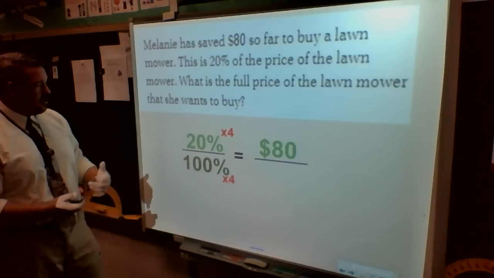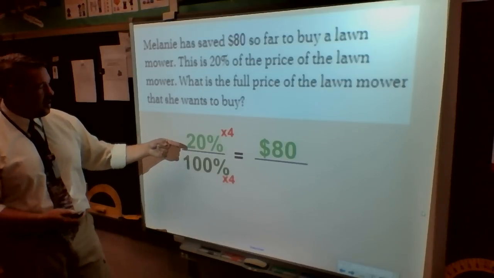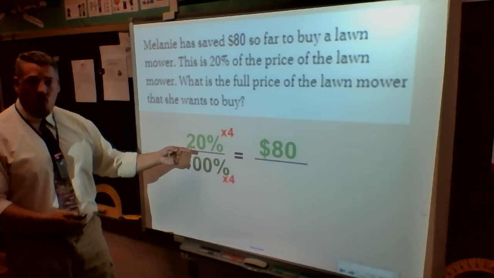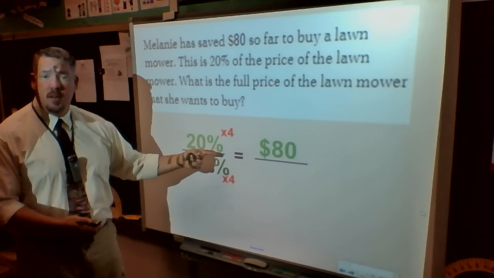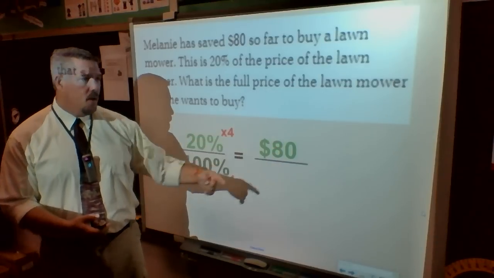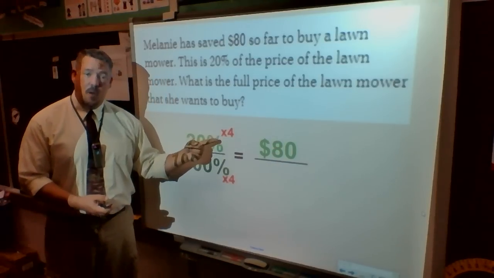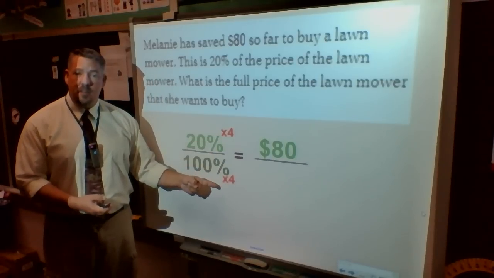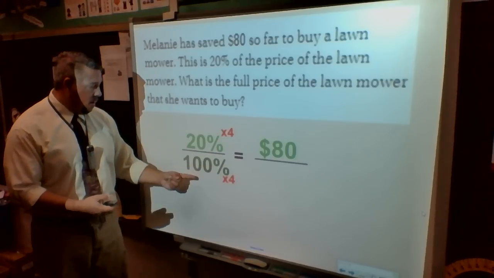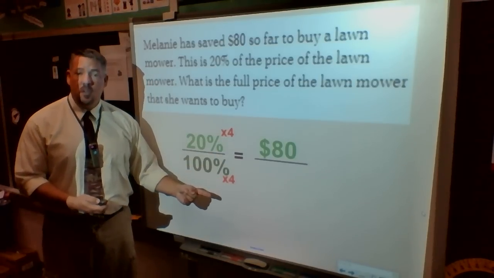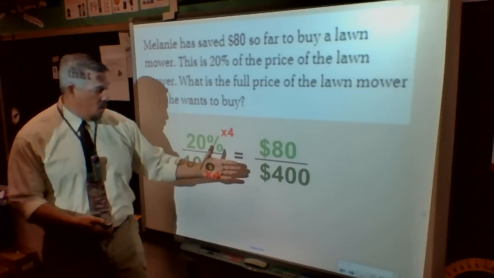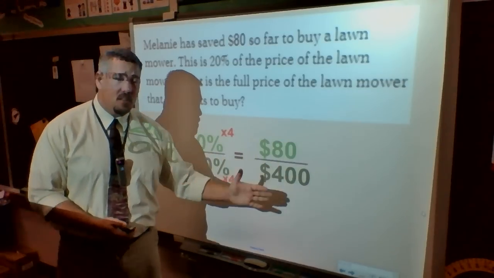What I did was I looked at it and said 20 times 4 gives me my 80. So if I multiply my numerator by 4, then I have to multiply my denominator by 4. And 100 times 4 is 400.